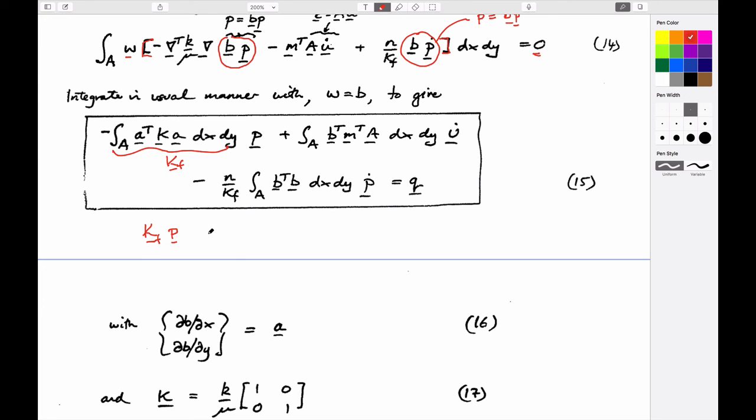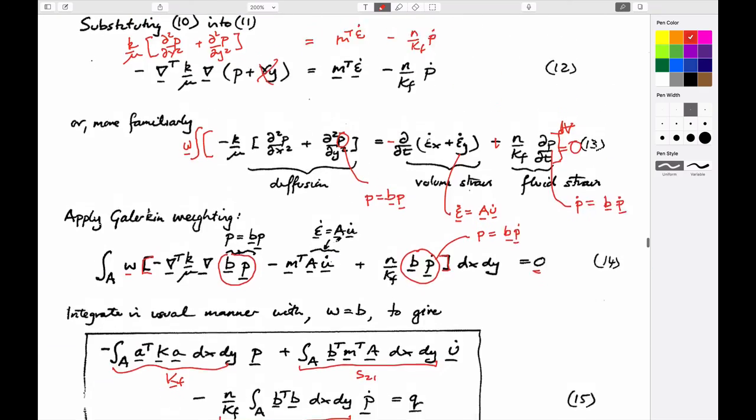We have 2 other terms. This one here is what we've referred to as S21. It's the coupling term. And let's not go there yet. Let's do the other one. This one here is the other coupling term, which we've called S22.